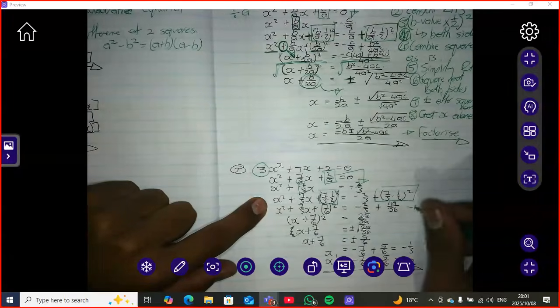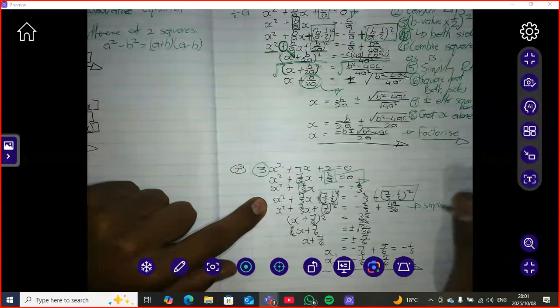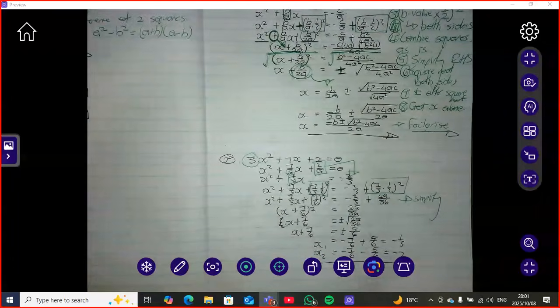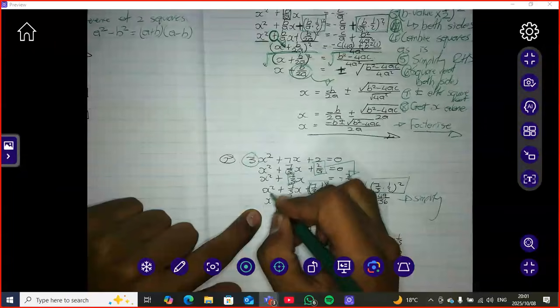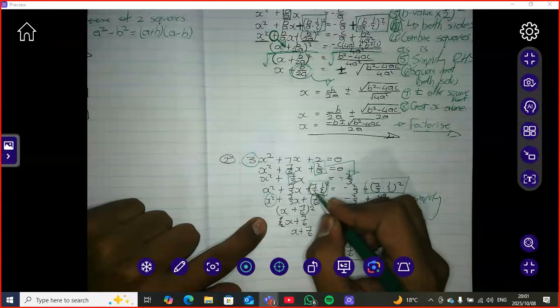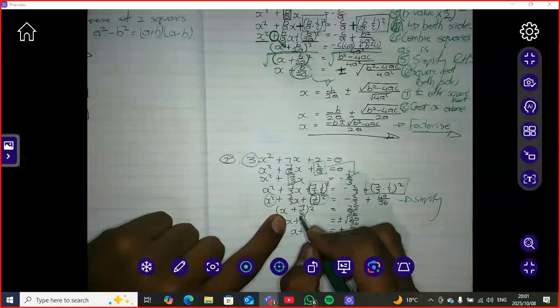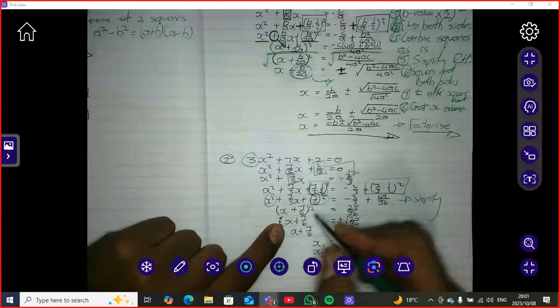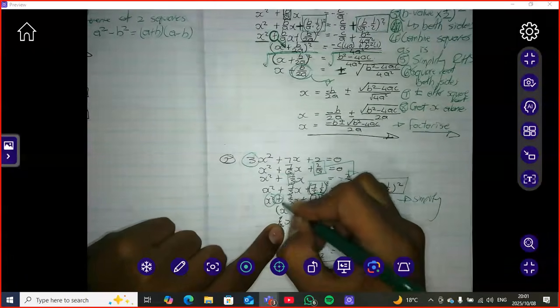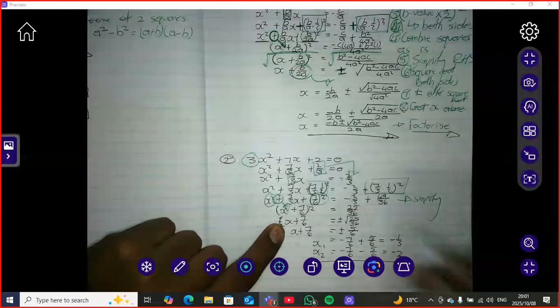Then you simplify, and then you write this x squared and this 7 over 6 squared as it is in brackets squared. You take this side here and put it there in the middle.